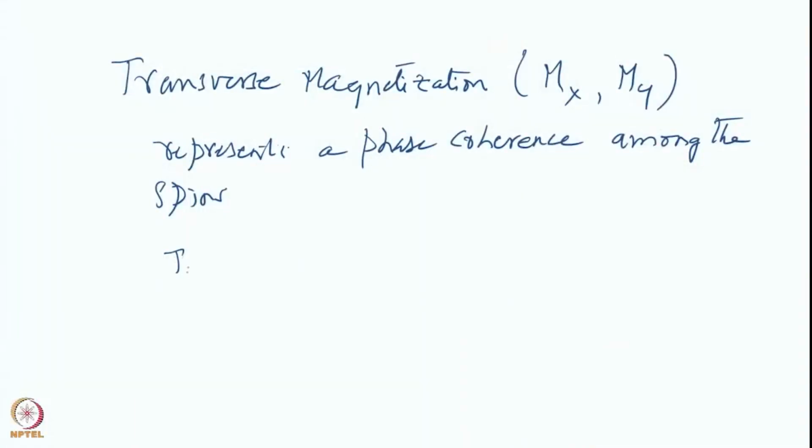In the case of absorption of energy, it creates a transverse magnetization, it creates a phase coherence among the spins. Therefore, T2 also represents loss of phase coherence. So, these are important concepts which will be very necessary as we go along at the later stages.